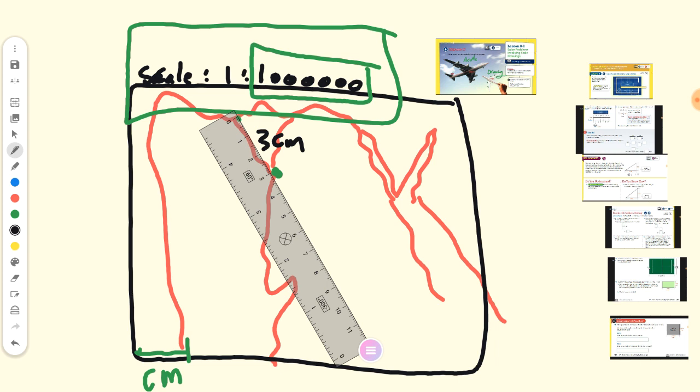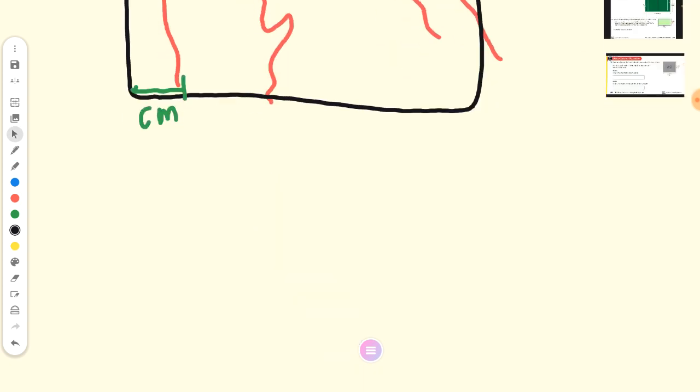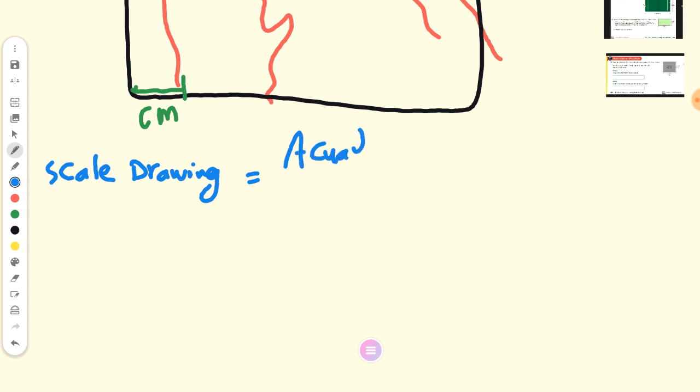The formula says that there is a proportional relationship between scale and problems. How? The rule of scale of drawing is a ratio between the actual length over the drawing length.